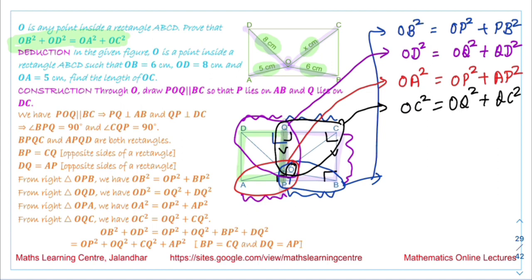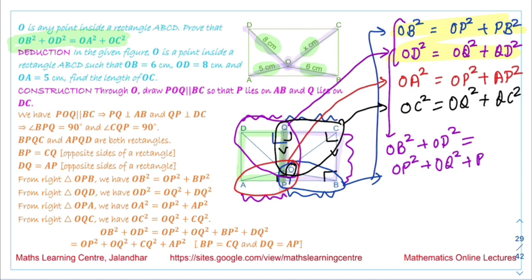Now if we add the first two equations, we will get OB square plus OD square is equal to OP square plus OQ square plus PB square plus DQ square. Now look at these values over here.